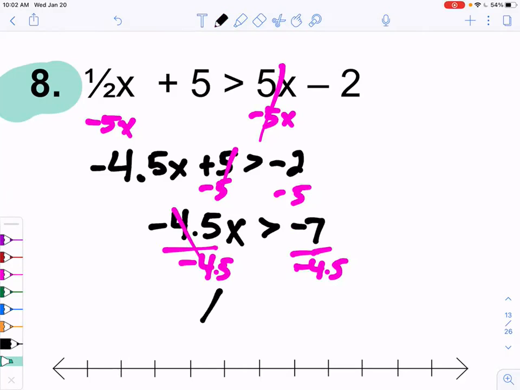Well, we're dividing by a negative, so we know that the sign's going to do what? Flip. So it goes from greater than to less than. And then we have a negative, it's going to be a positive. So in your calculator, what do you get? 1 point what? 1.5. Good.